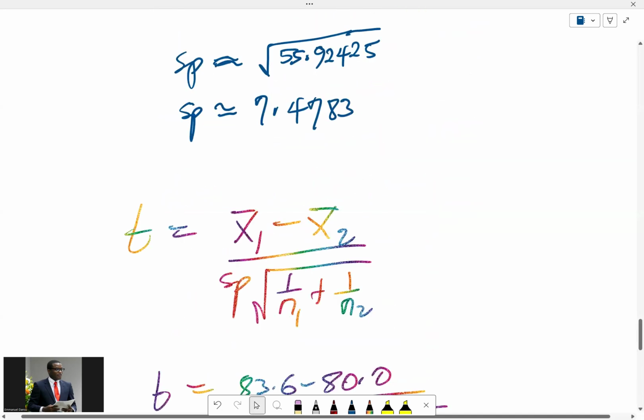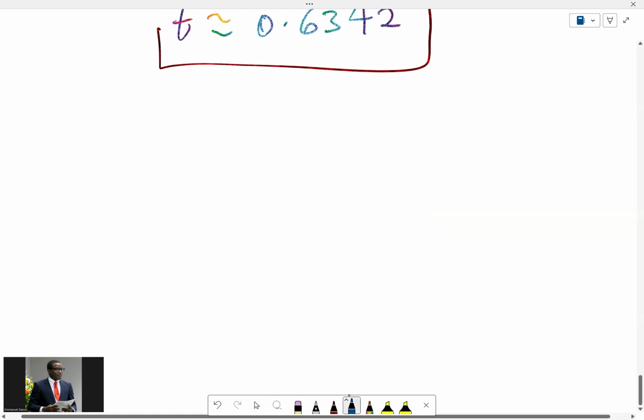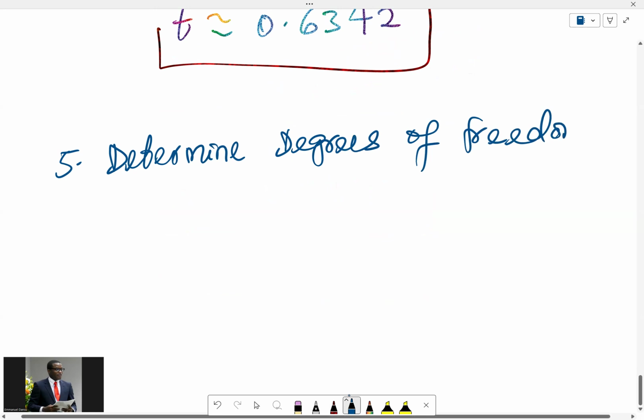So the next thing is, for step 5, we want to determine the critical t-value. So determine degrees of freedom. Okay, not yet critical, right? Determine the degrees of freedom.